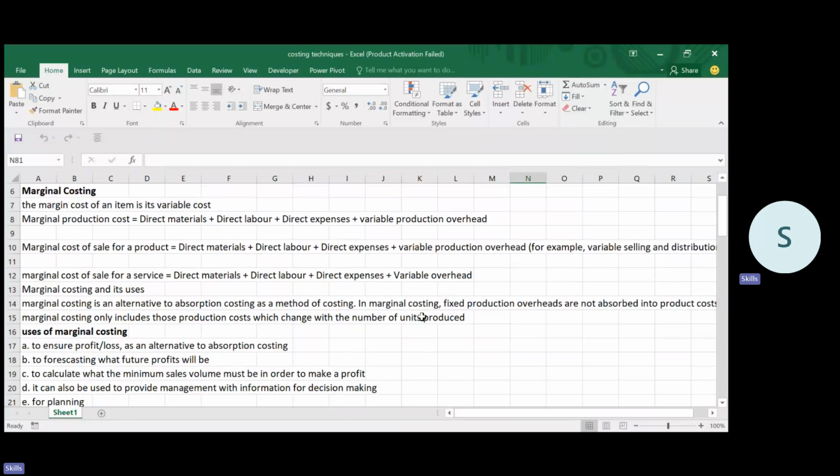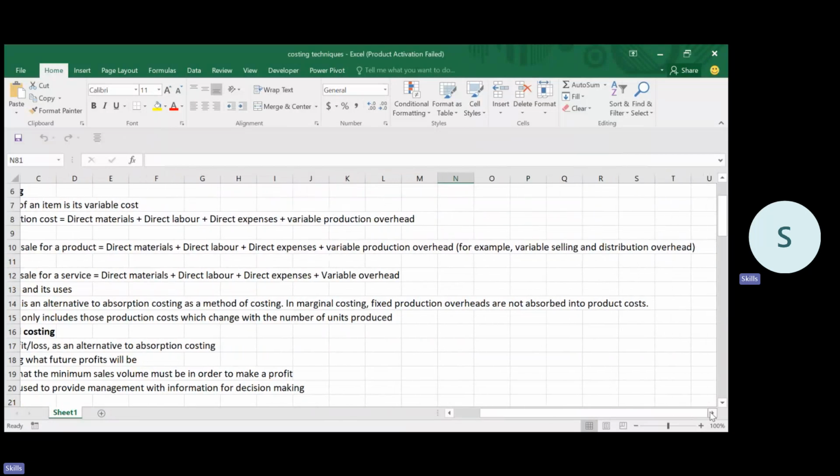In marginal costing, fixed production overheads are not absorbed. That is one of the major differences between marginal costing and absorption costing. In marginal costing, fixed production overheads are not absorbed into production costs.